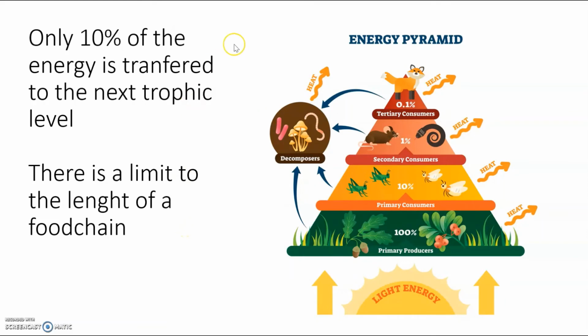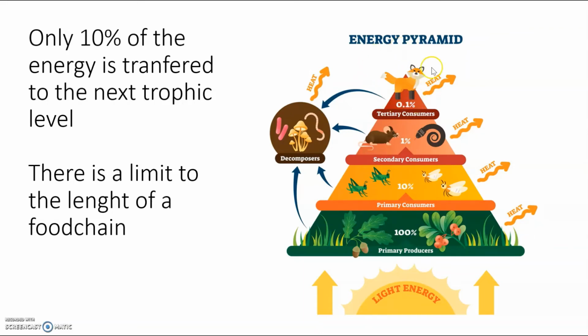And the rule of thumb is that only 10% of the energy is actually transferred to the next trophic level. So even though there's lots and lots of energy in the primary consumers, only some of it is eaten and transferred to the next trophic level. This also means that there is a limit to the length of a food chain. This shows a food chain, right? And you can see that there is less and less and less energy available at the next trophic level.